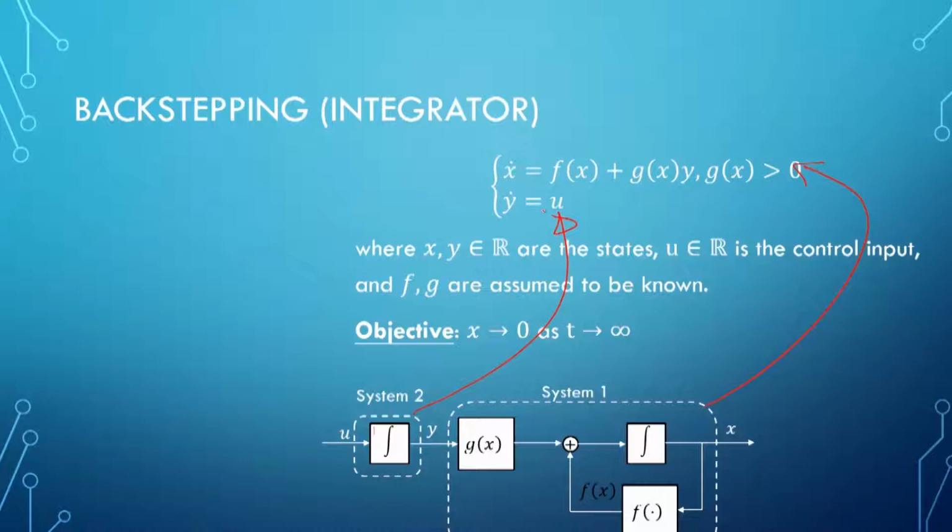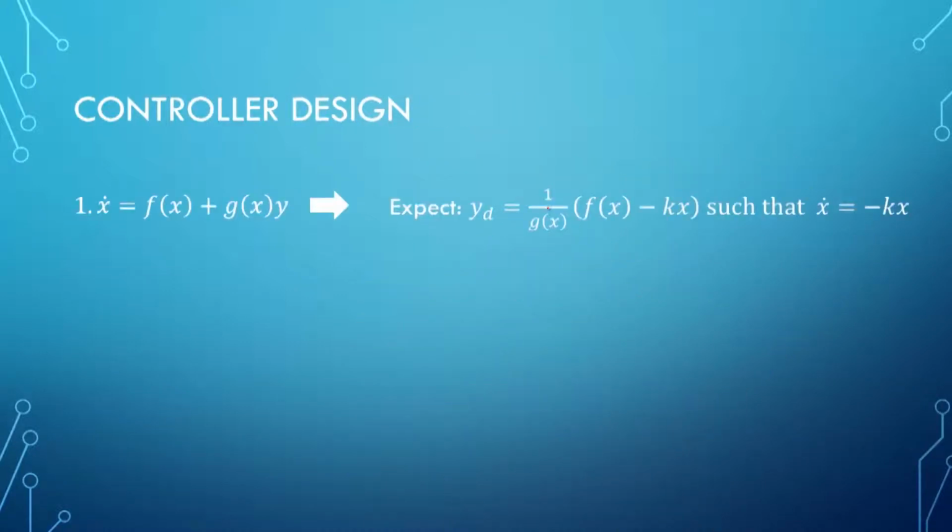Okay, and the overall system, which you combine the two equations, becomes one new system. And that's the system you need to control. Okay, and we call it a cascade system. 串在一起, okay? Cascade of two systems. So how will you design the control? So let's look at the system by system.